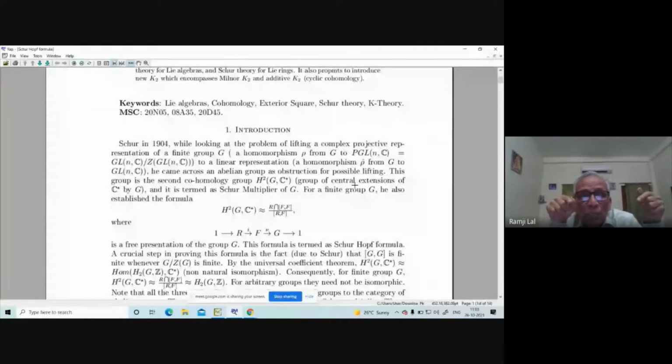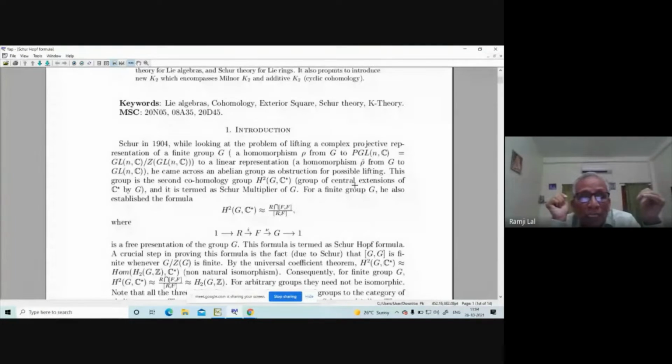This is indeed the group of equivalence classes of central extensions of C* by G.